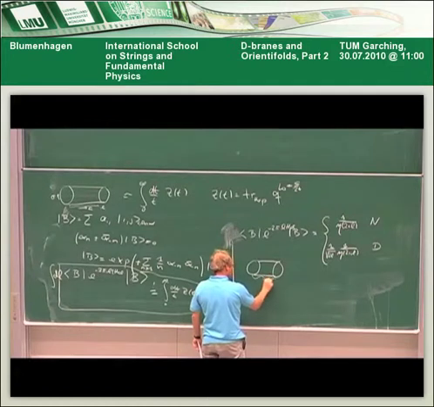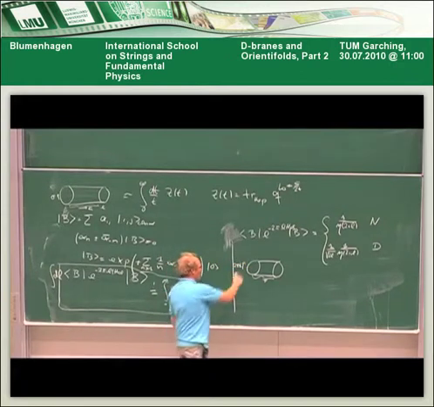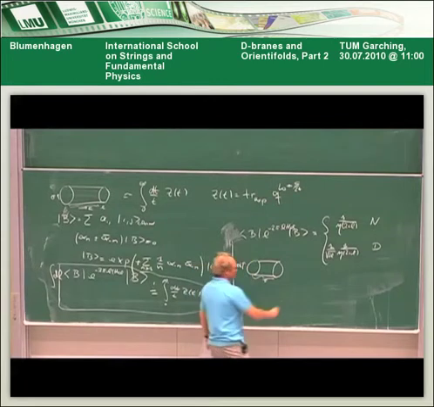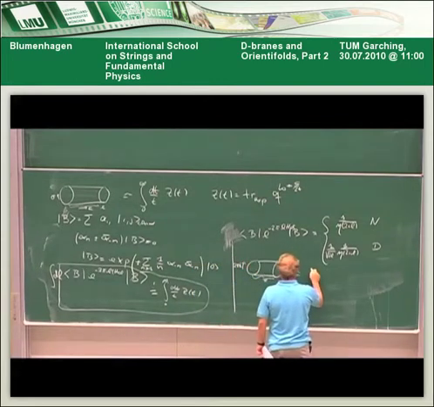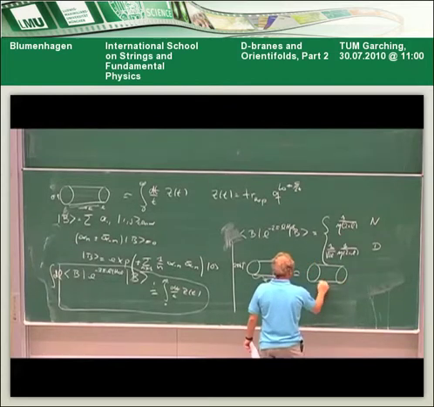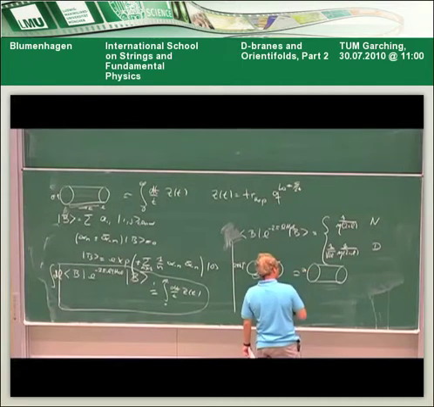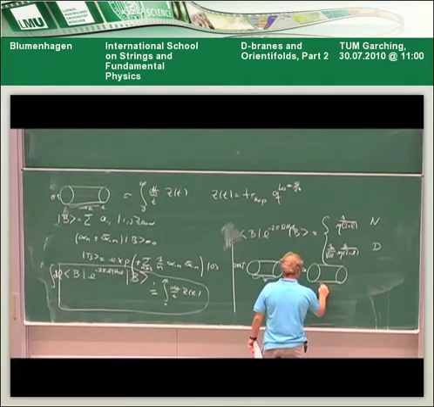This has length pi, and this here is 2 pi t, the length of this circle here. And in the closed string, we have a different interpretation. This is now the length of a closed string, which is normalized to 2 pi. And this here is the length 2 pi L.